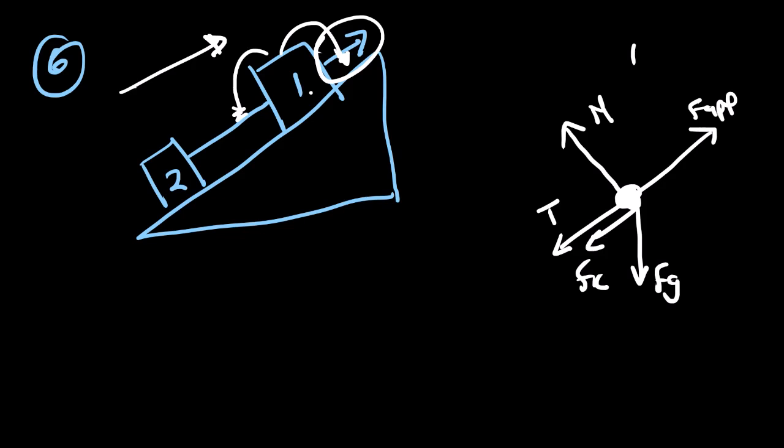And then for the second one, there's no force applied to this object, so we are going to have tension, and then we have kinetic friction, we have Fg, then we have normal force.